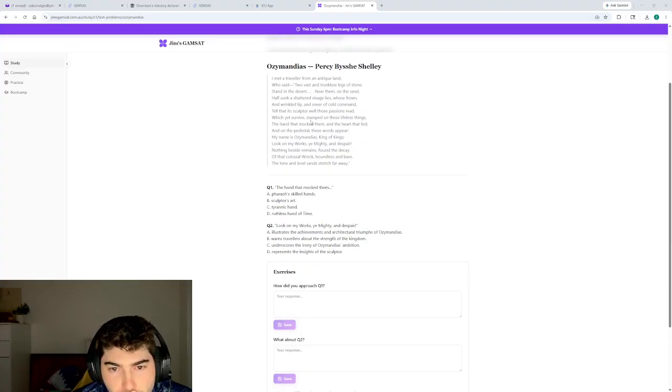And they also survive, and they're stamped on the lifeless things, the hand that mocked them and the heart that fed. I think maybe the sculpture is a depiction of this king, the King of Kings.